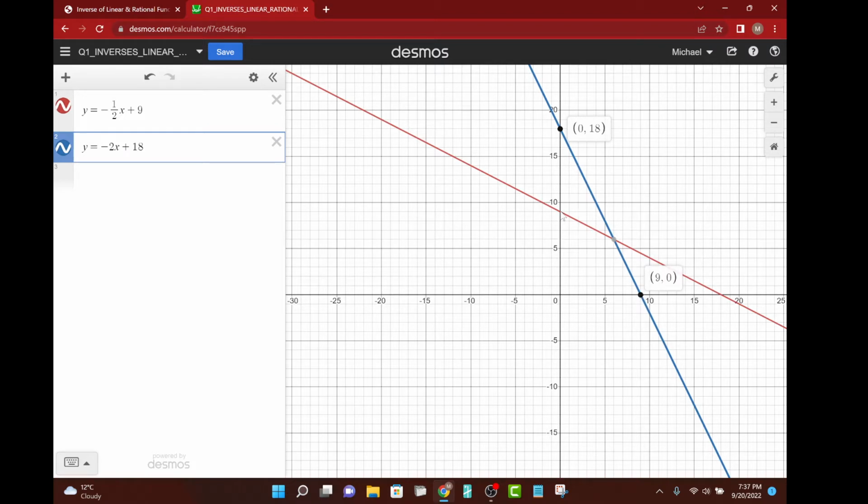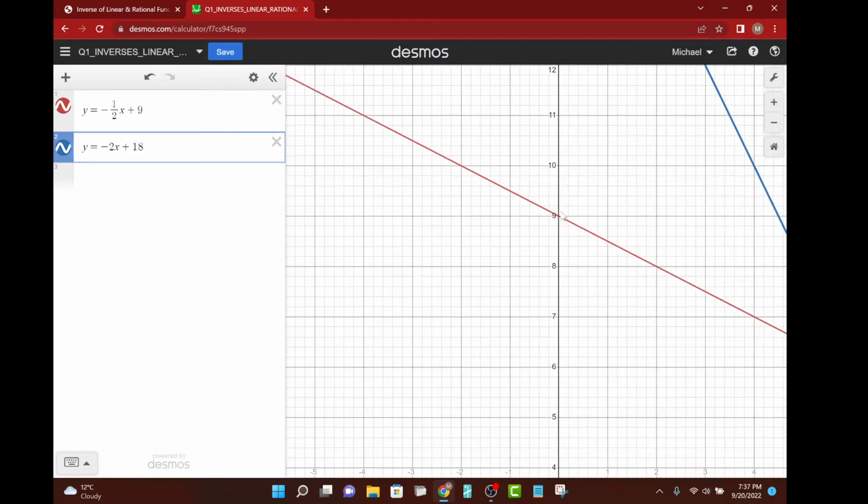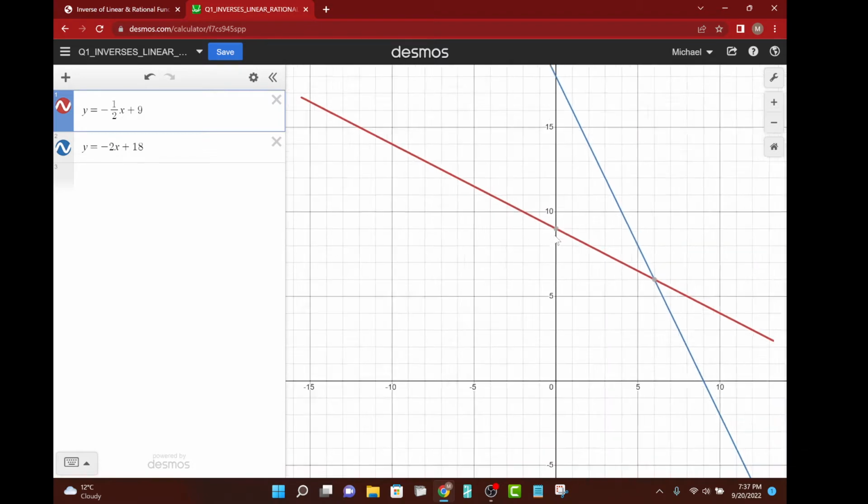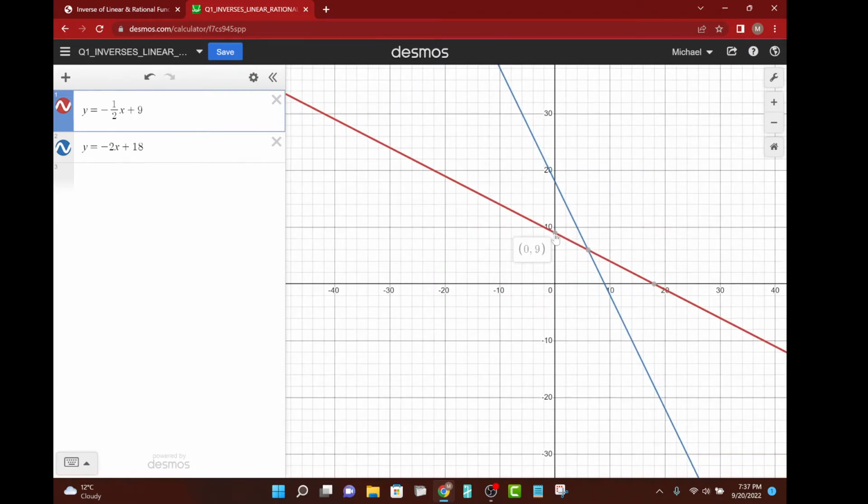Let's check the y-intercept for the original function. Okay. So I'm just going to try to point some things out. And look over here.